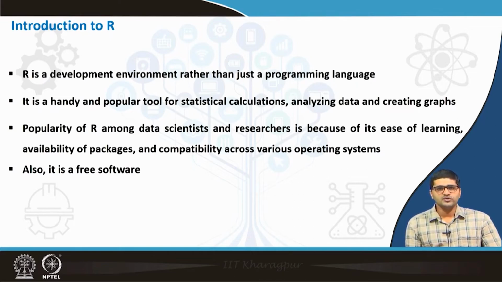R can be used on Windows, Mac, or Linux systems, and it is open source and free software, so it can be downloaded and installed without paying for it, and it can be redistributed or used for commercial and research purposes without paying.